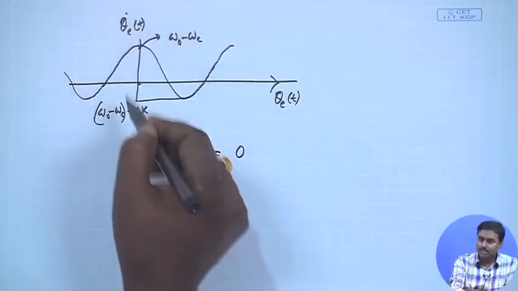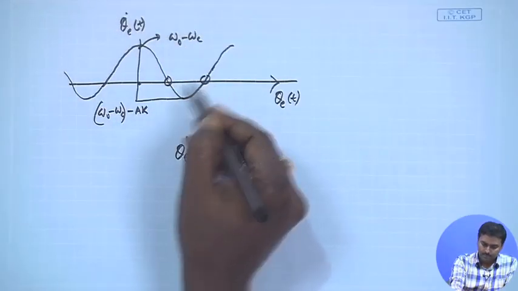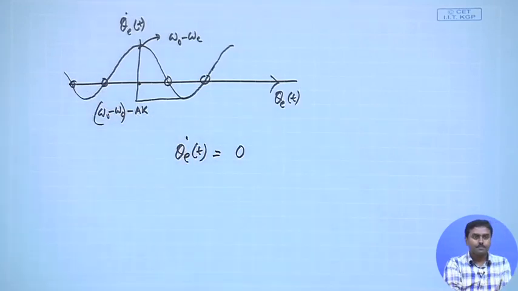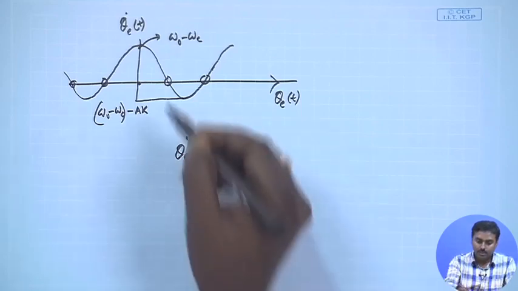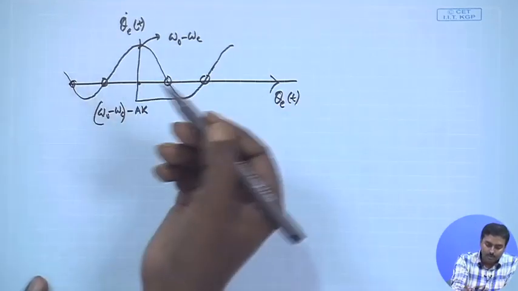Okay. So whenever theta e derivative is 0, I know that those are the equilibria points. Now let us try to analyze where those equilibria points are. Theta e derivative is on the y axis. So wherever it crosses 0 in y, those are the equilibrium points, right. So let us mark them.